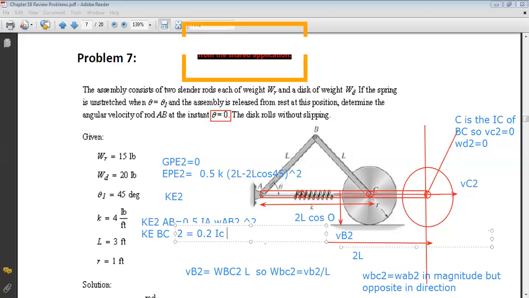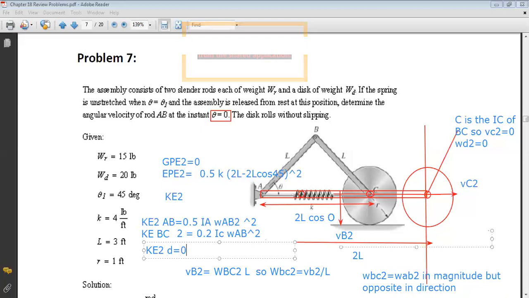But I know that omega BC is equal to omega AB, so I can replace omega BC squared by omega AB squared. And for the disk, the kinetic energy will be 0 because omega of the disk is equal to 0. So I have expressed everything as a function of omega AB at state 2. I replace into conservation of mechanical energy, and I get omega AB at state 2. Okay?